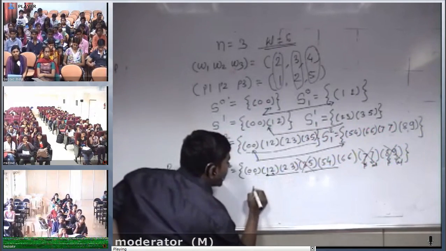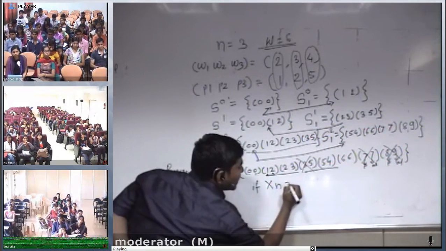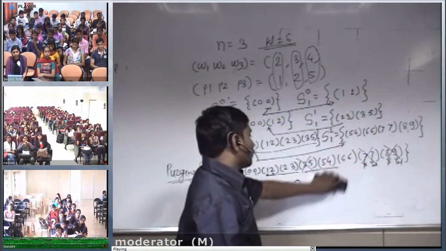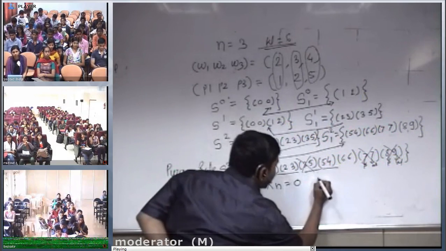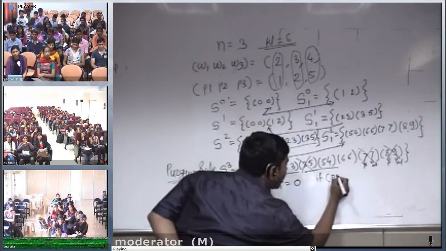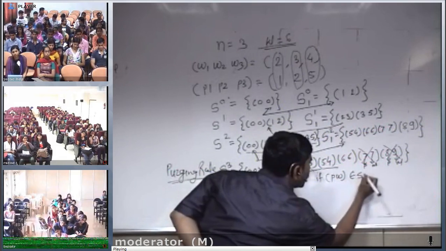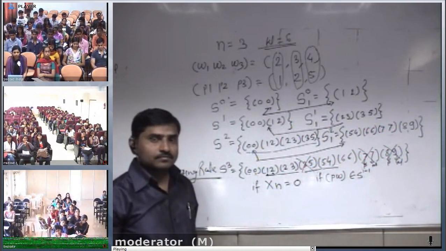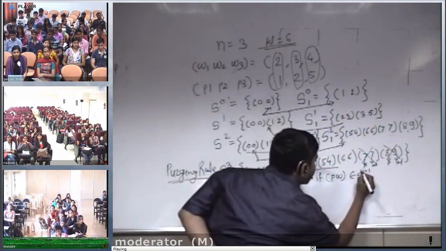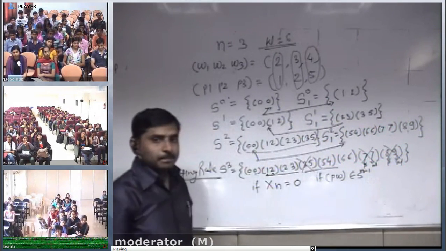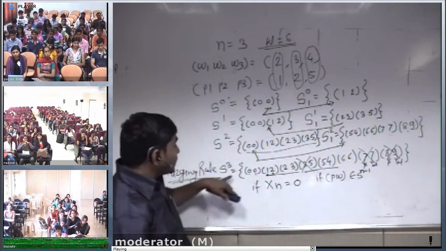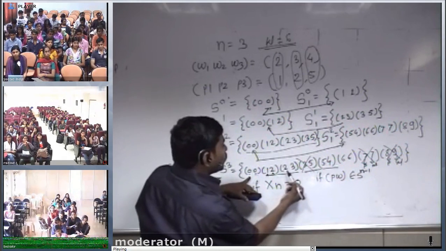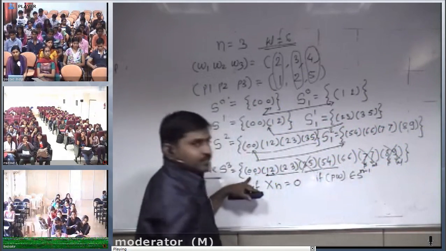Applying the rule: xn equals 0 if P, W belongs to Si minus 1, or else xn equals 1. Now this is the final list S3: 0, 0, 1, 2, 2, 3, 5, 4 and 6, 6.